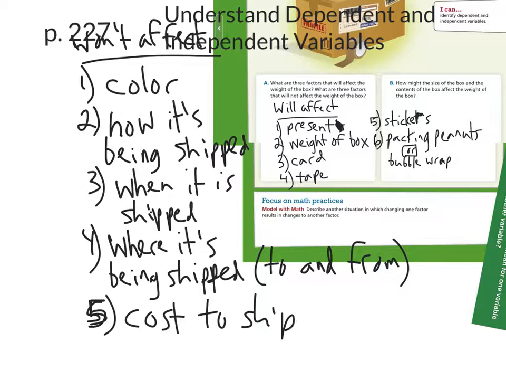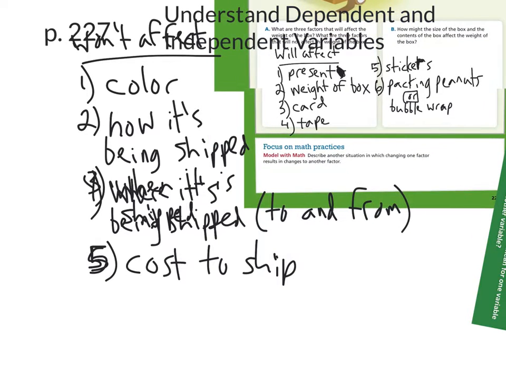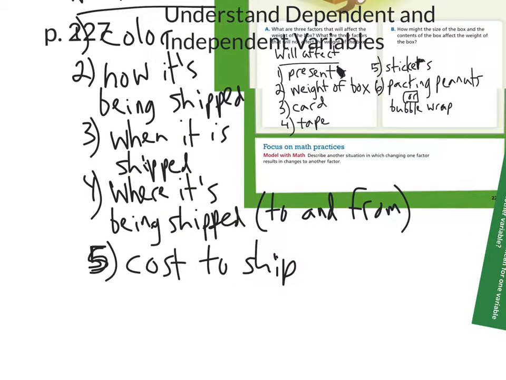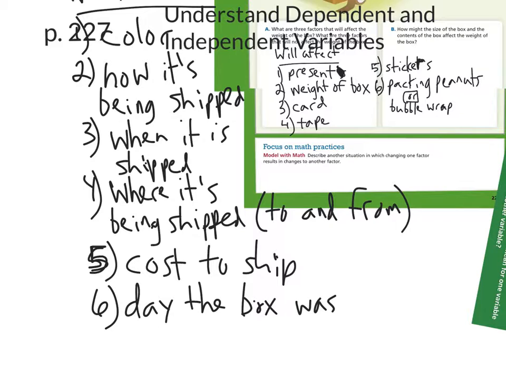And understand, obviously the weight affects the cost, but the cost does not affect the weight, if that makes sense. One other thing that does not affect the weight would be the day, or date, the box was made.